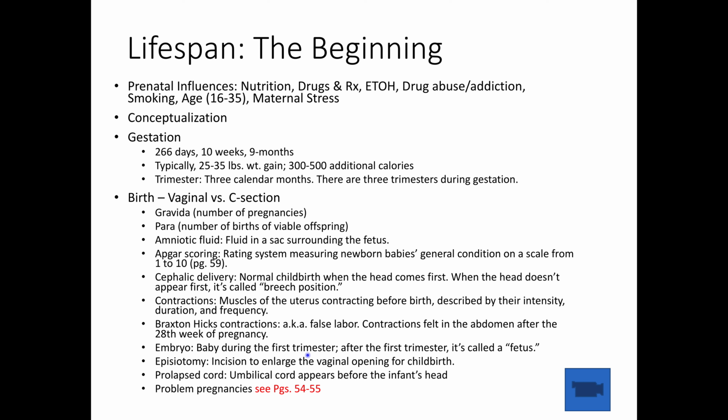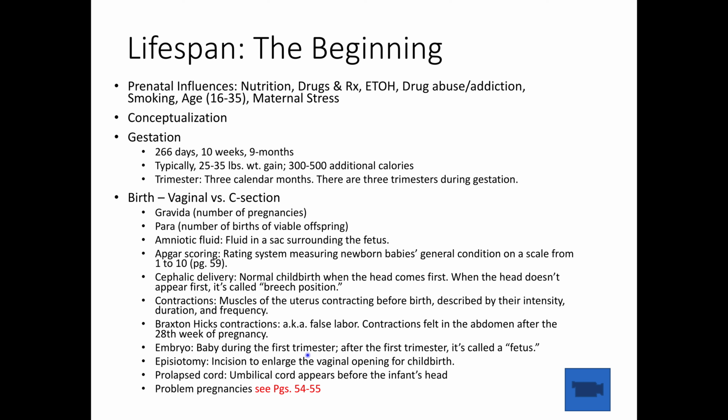And lastly, we know that maternal stress, the stress of the mom to be, has an impact on the ability to get pregnant, the pregnancy itself, and then actually delivery and later parenthood.